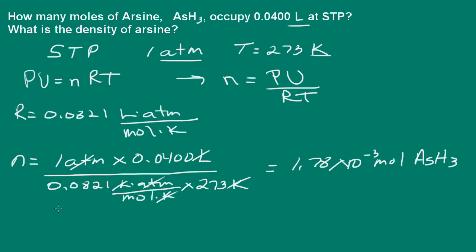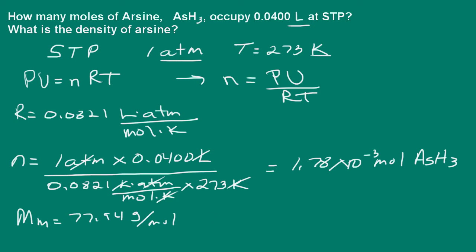Now what I can do is convert the moles of arsine to the mass. So for the molar mass of arsine, again, I just look up the molar mass of arsenic and hydrogen, and the molar mass is equal to 77.94 grams per mole. So I can determine the mass from this.